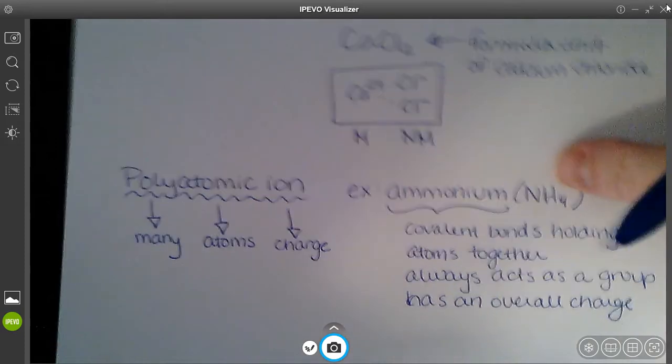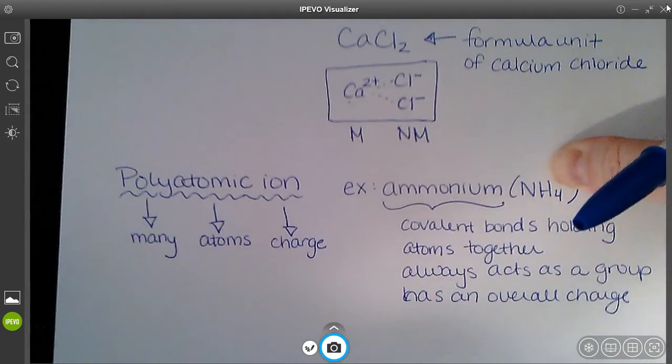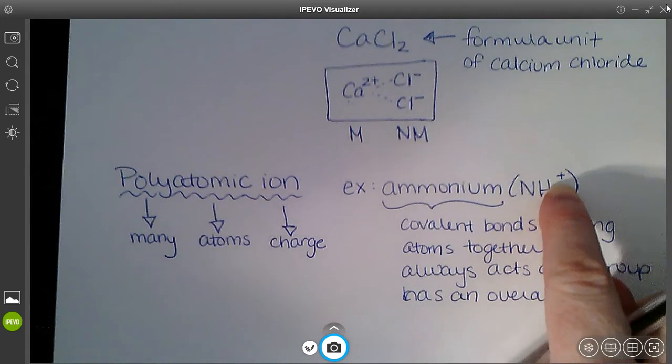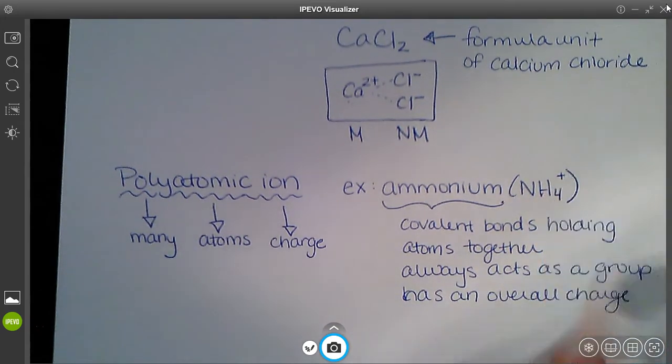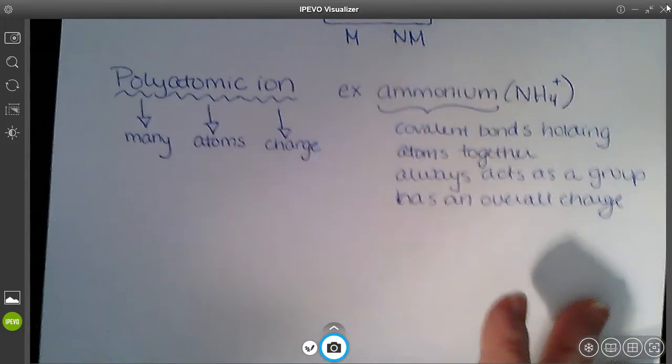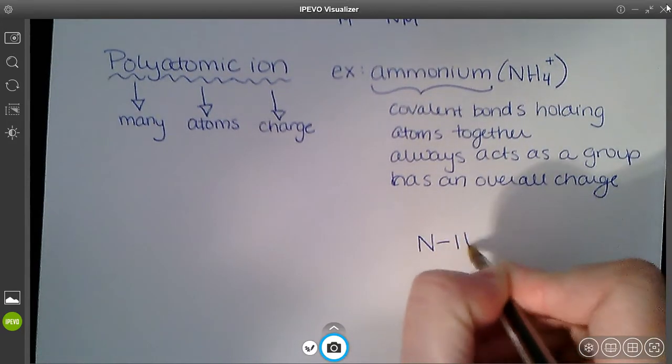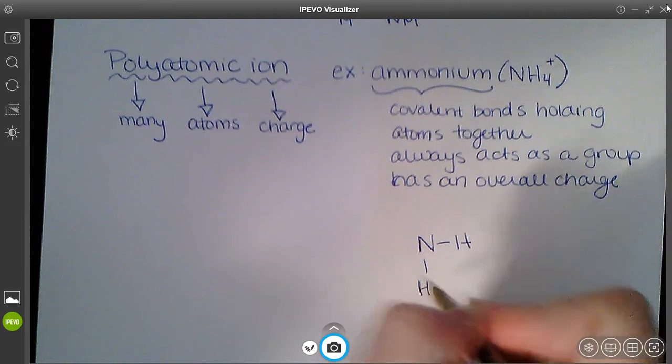So if you don't look at the charge up here, you can see the formula. It's NH4, and then the charge is written on top. This has a +1 charge. We know it's a 1 because there is no number there, so we can assume 1. What ammonium looks like is a nitrogen with 4 hydrogens bonded to it.